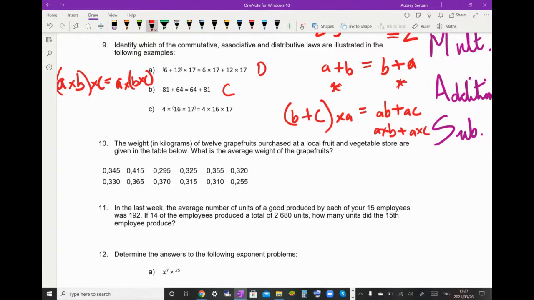It's exactly the same thing. Which one can we say also falls into the associative law?